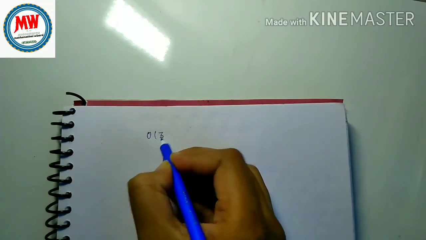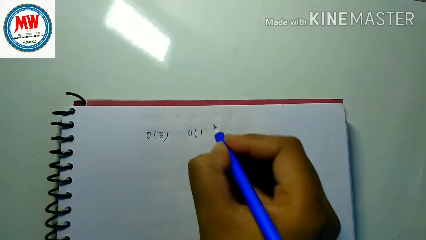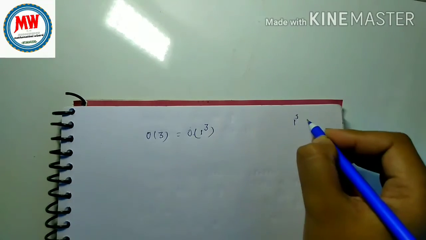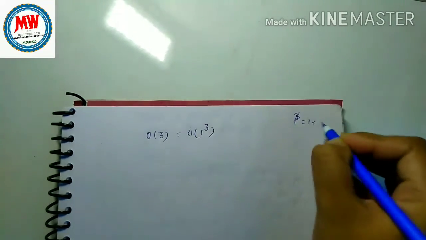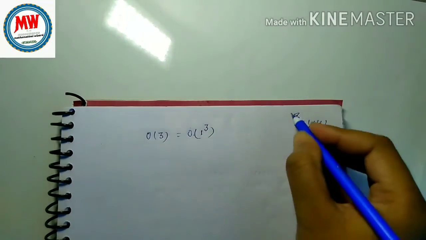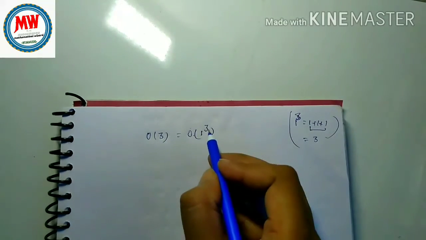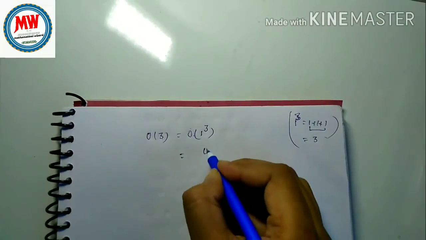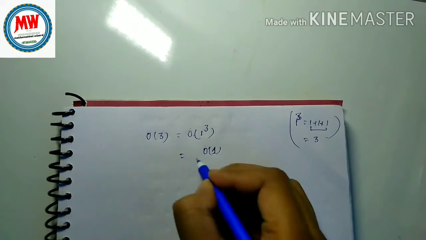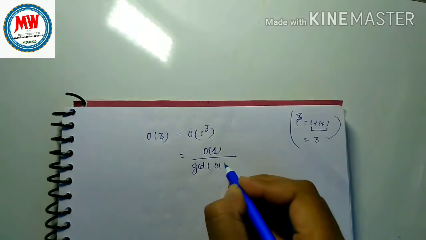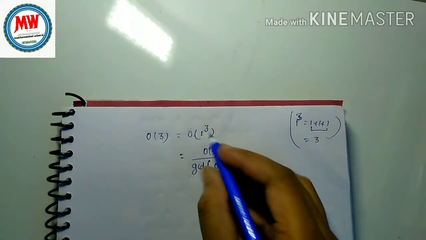Next, if you want to calculate order of 3 also, then it can be written as 1 raised to the power 3, and 1 raised to the power 3 is equal to 1 plus 1 plus 1, 3 times, and it is equal to 3. So 1 raised to the power 3 is equal to 3 in that group, and by the formula order of 3 is equal to order of 1 upon GCD of order of 1 and k, where k is 3 here.